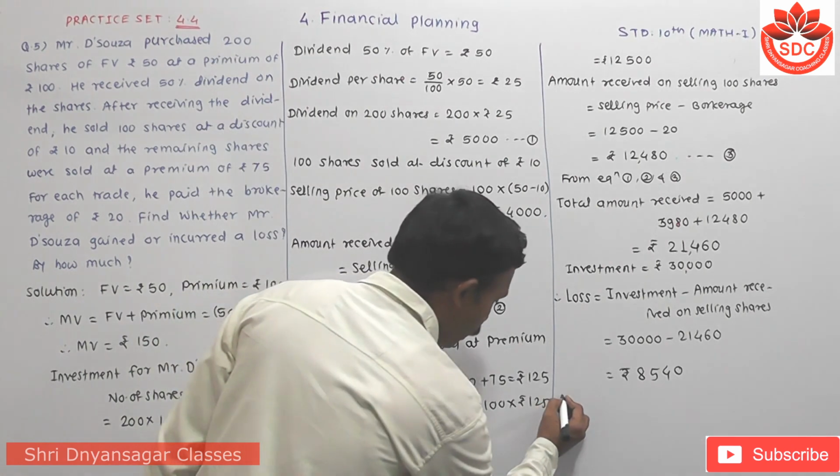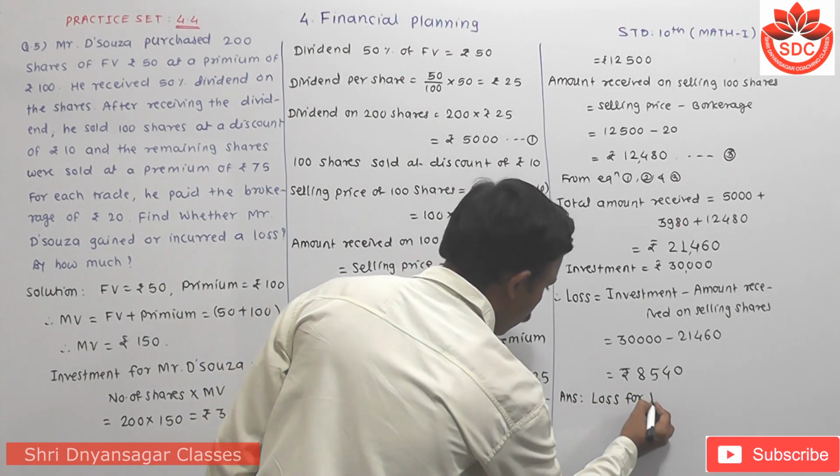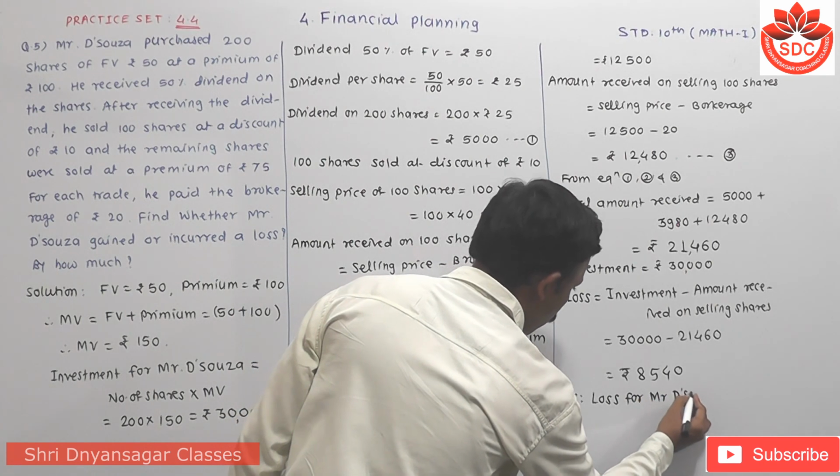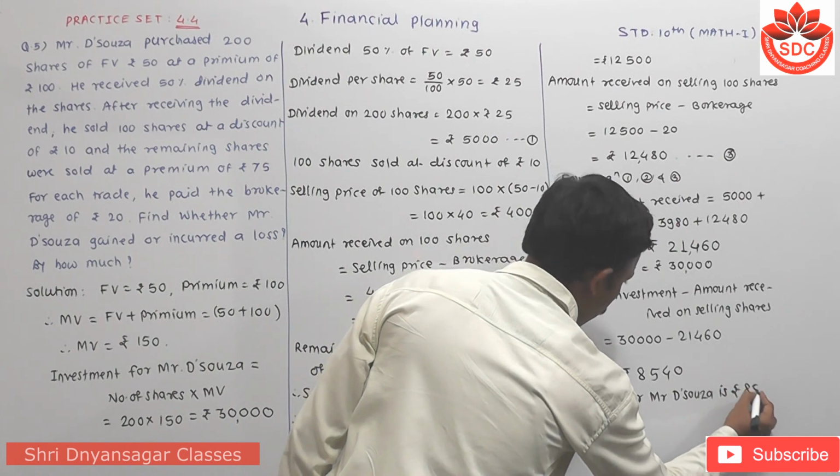So I write the answer: loss for Mr. D'Souza is rupees 8,540.